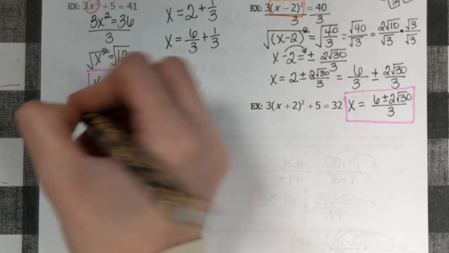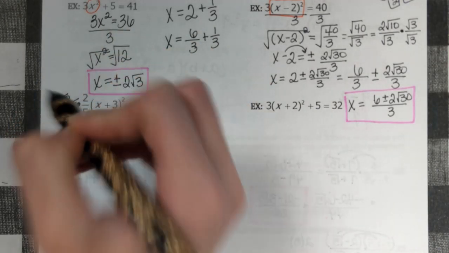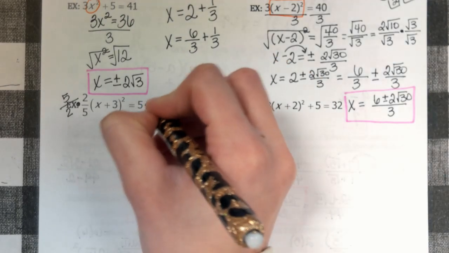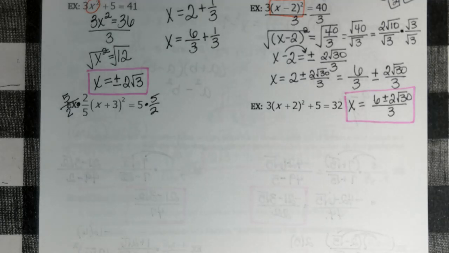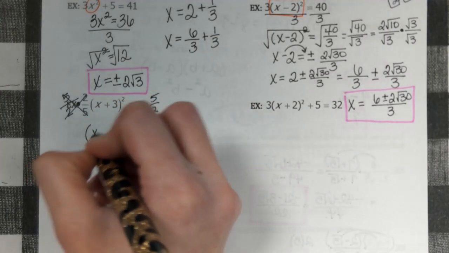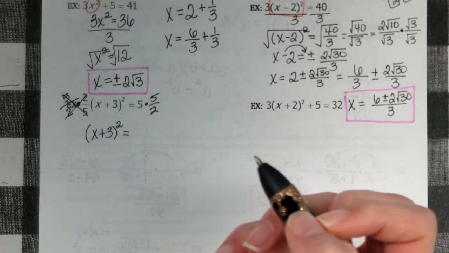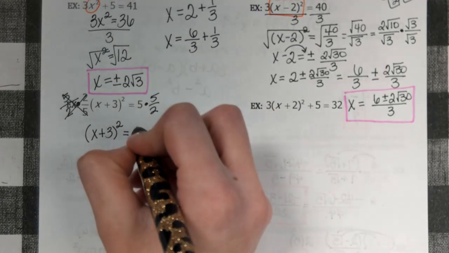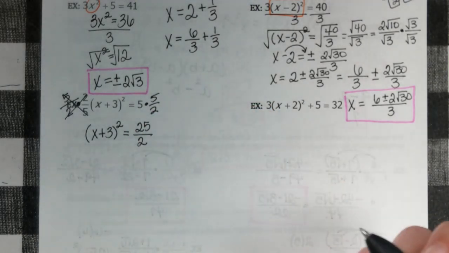I can't say I understood anything because y'all all said something, but not loud enough for me to hear. So I'm gonna tell you, multiply by 5/2. We're not gonna divide by a fraction, we multiply by the reciprocal. And so that leaves me with x plus 3 squared equals, what's 5 times 5/2? 25 over 2.